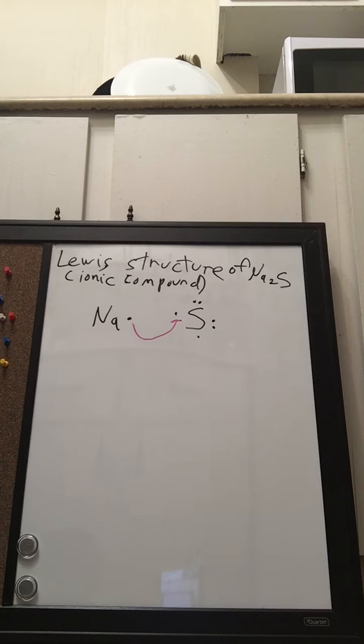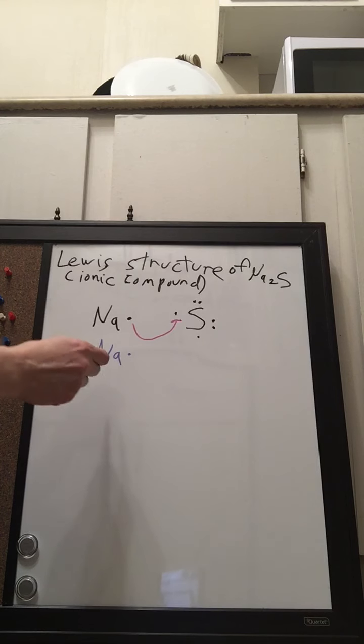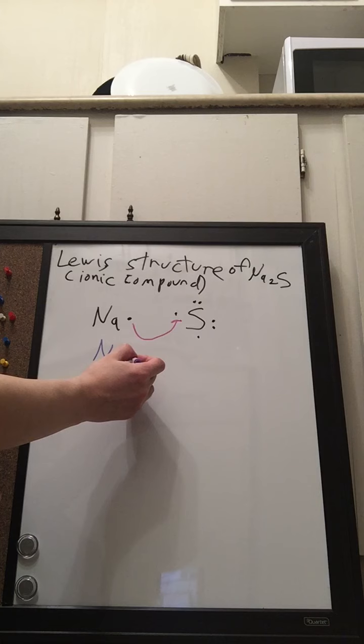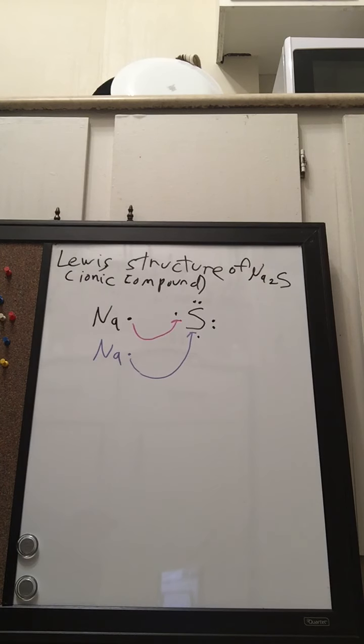There's another sodium with the other valence electron, and it comes here, and that completes the octet for sulfur.